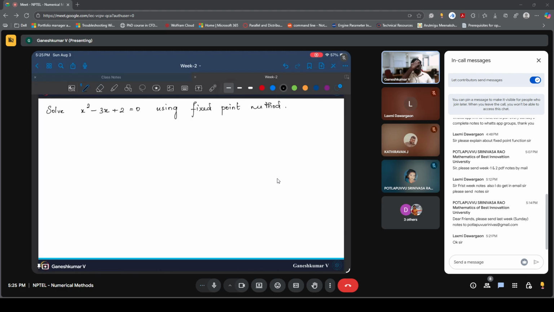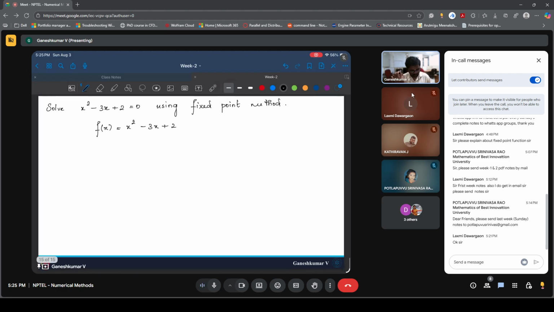Okay. So basically, what we have is a function. This is our nonlinear function x square minus 3x plus 2. So we need to find the root of it.